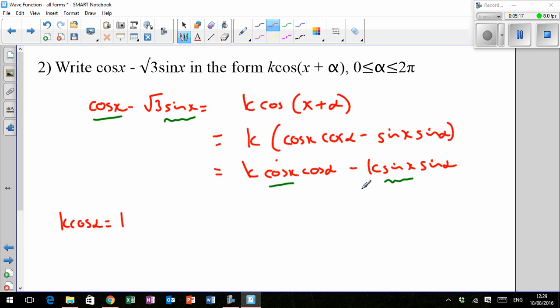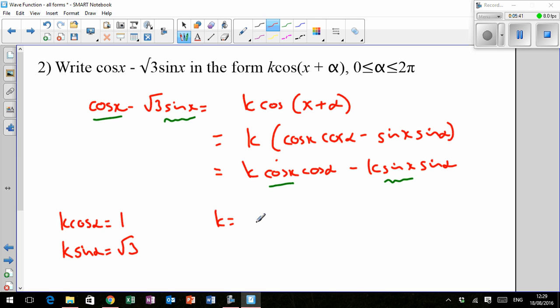Now this is a little bit tricky, remember. This is now connected to negative k sin alpha, and connected up here is negative root 3. Because they're both negative, k sin alpha is just going to be root 3.